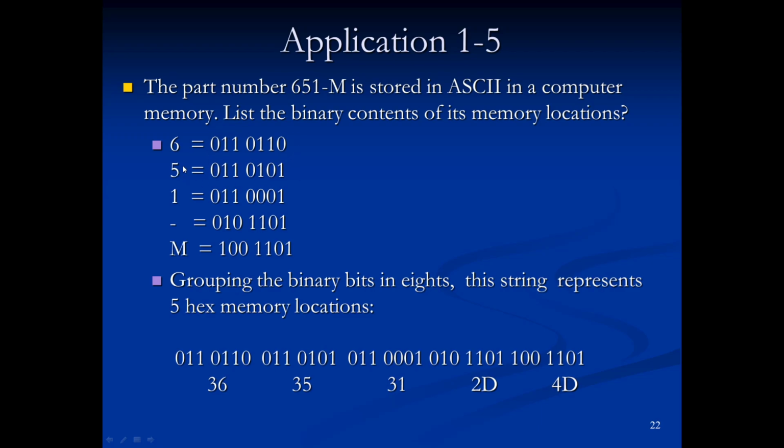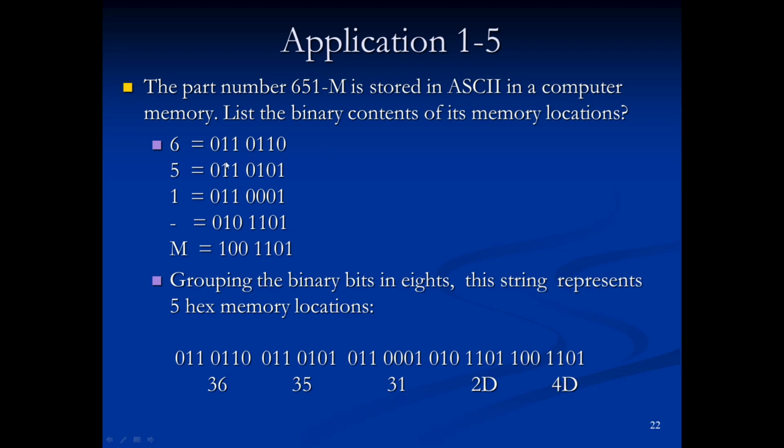And then same thing with 5. We would find its hex value is 35, and converting 35 hex into binary would yield this result here, and so on for each of the characters. And even the dash has its own unique ID code.